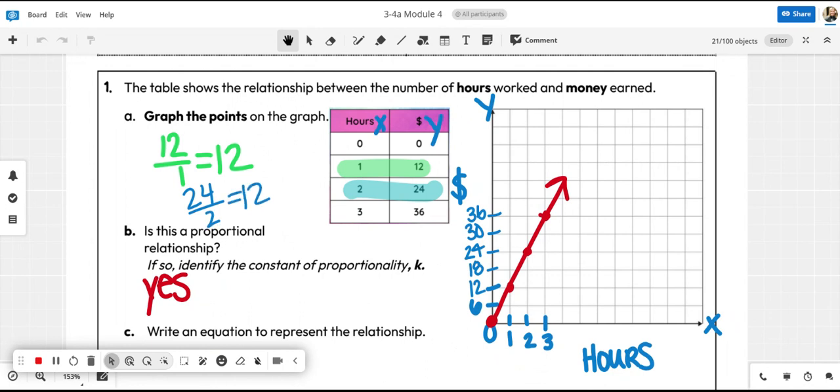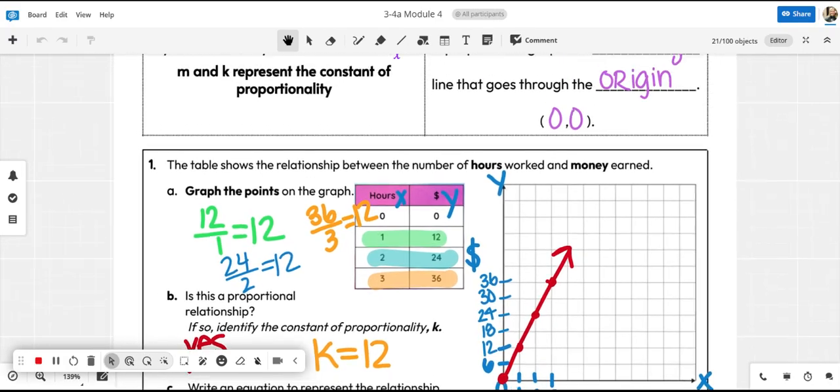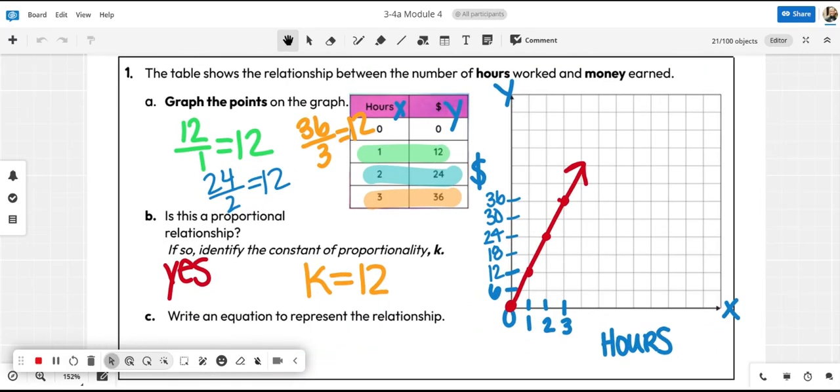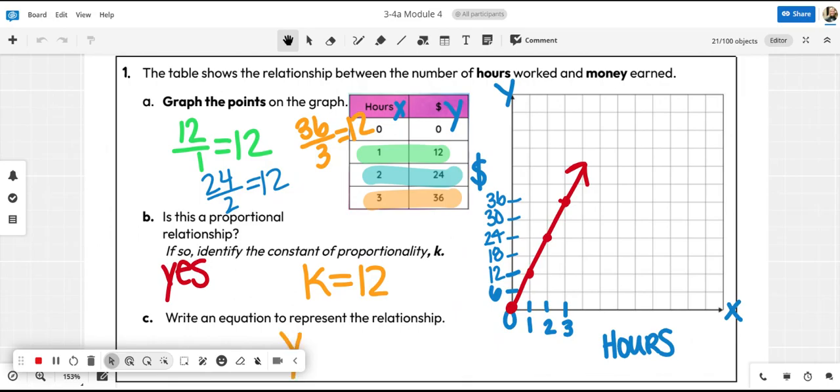If we do the last one, 36 over 3 equals 12. When you divide them all, you get 12. So our k value is 12. Looking back at the format of our equation, y equals kx, your equation would be y equals 12x. In other words, you're multiplying all the x values by 12 to get the y value.